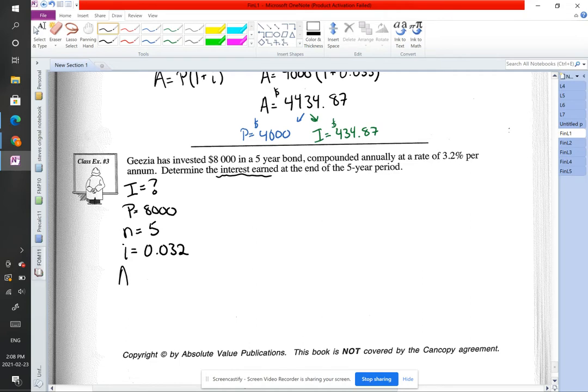And we don't know the A either. So we can calculate A. We have the compound interest formula. It's compounded, so it's compound interest, not simple interest.